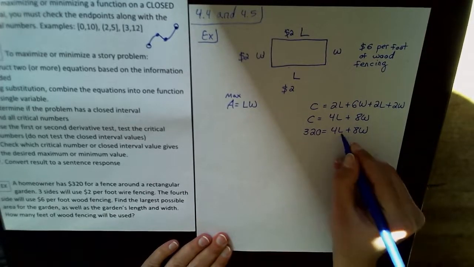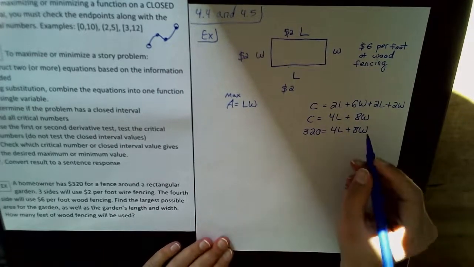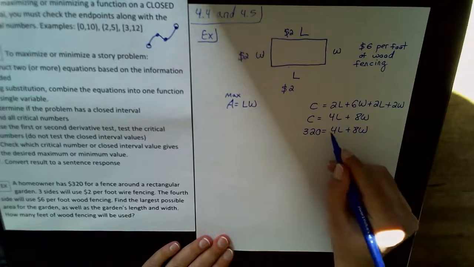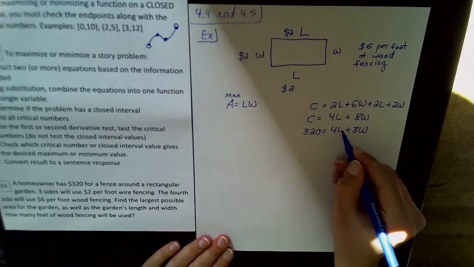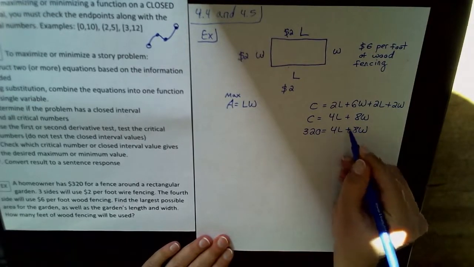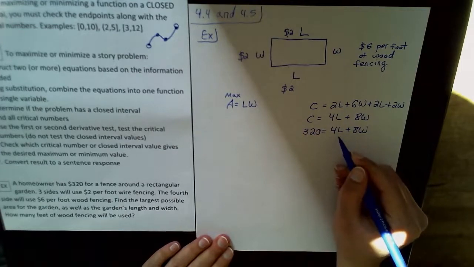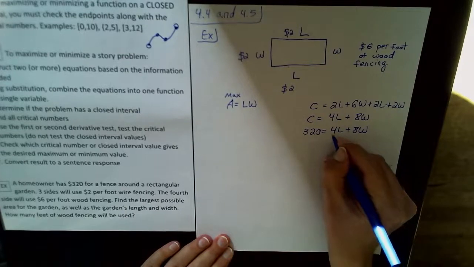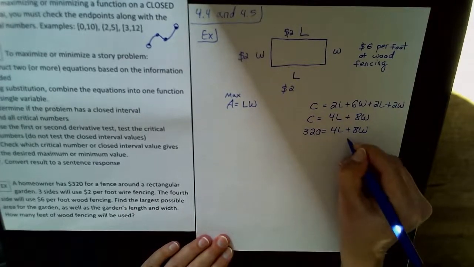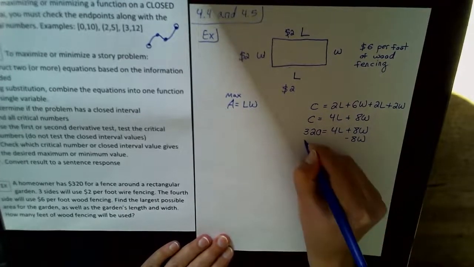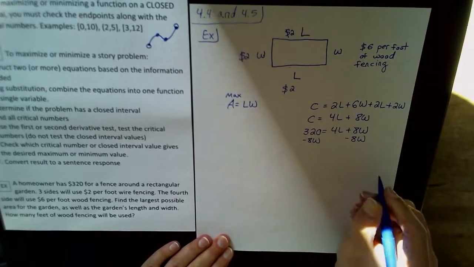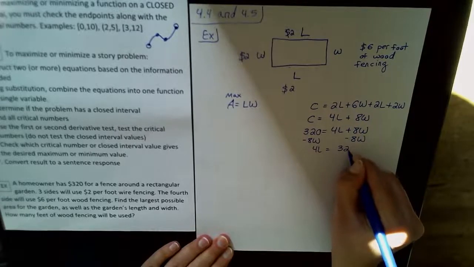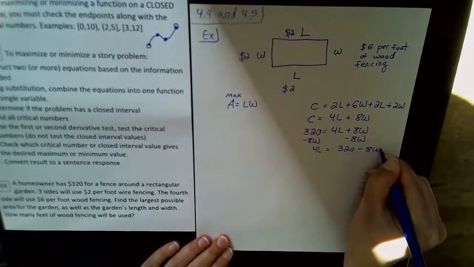The reasoning for that is just a quick note that might be useful to you. Whenever you're solving for one of your variables, try to solve for the one with the smaller number being multiplied to it. It lowers the chances of having to deal with a fraction. So, to solve for 4L first, we're going to subtract 8W from each side, which gives us 4L equals 320 minus 8W.